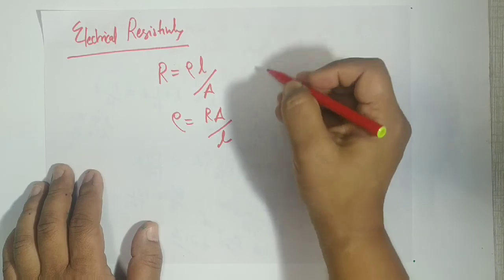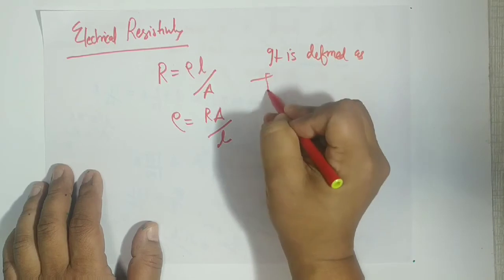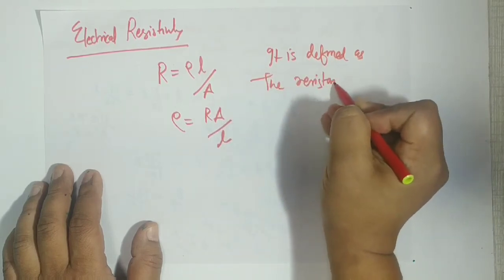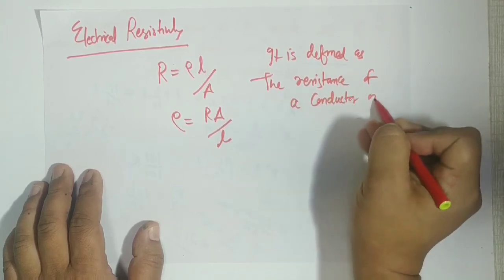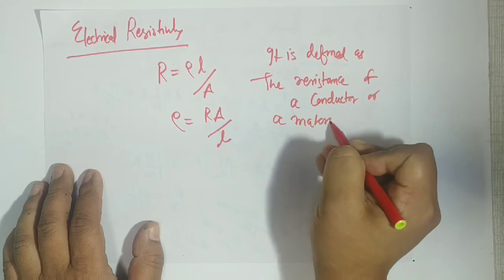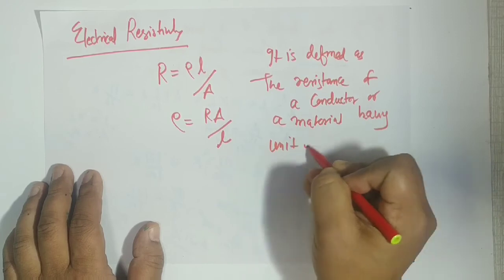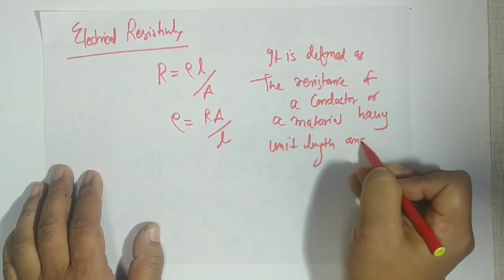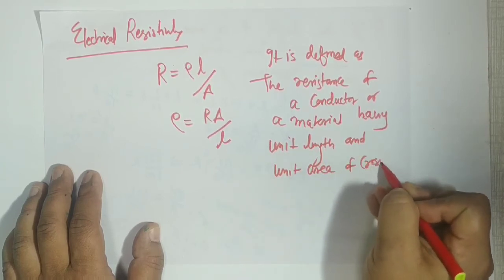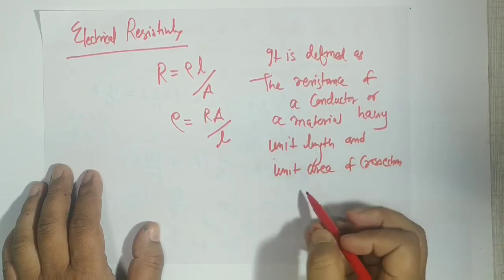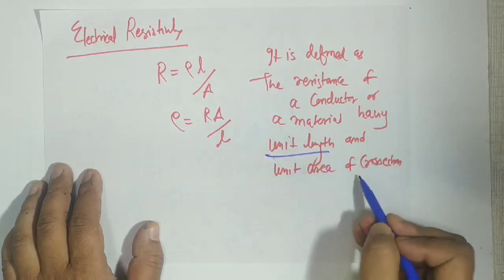The resistivity is defined as the resistance of a conductor or a material having unit length and unit area of cross section.